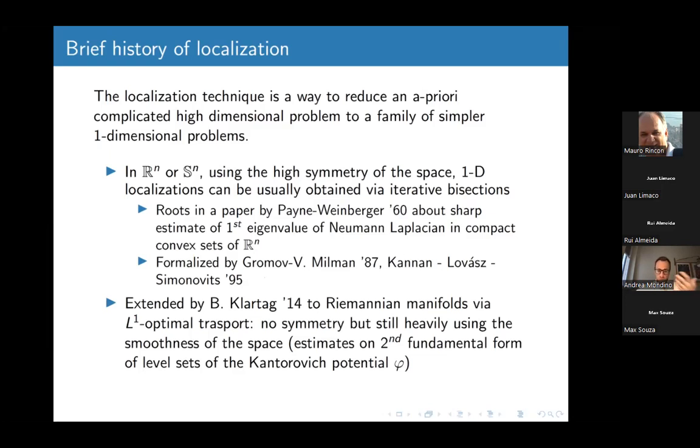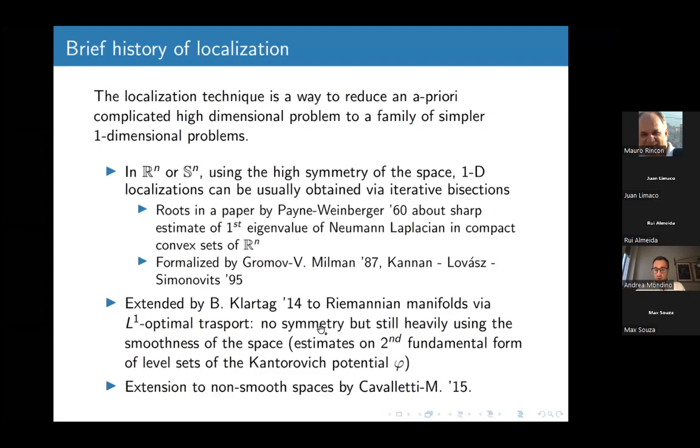So the big advantage of the approach proposed by Klartag is that no symmetry is assumed. So this L1 optimal transport works very well without any symmetry of the space. But this approach still was heavily using the smoothness of the space, because basically it was doing estimates on the second fundamental form of level sets of Kantorovich potentials, which uses smoothness.